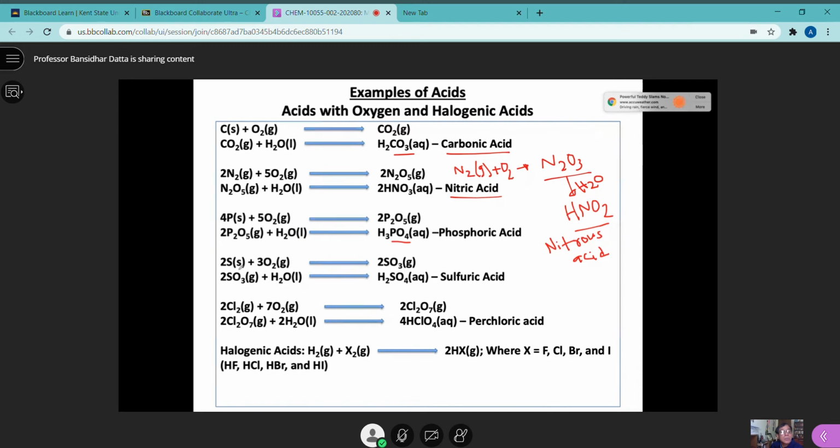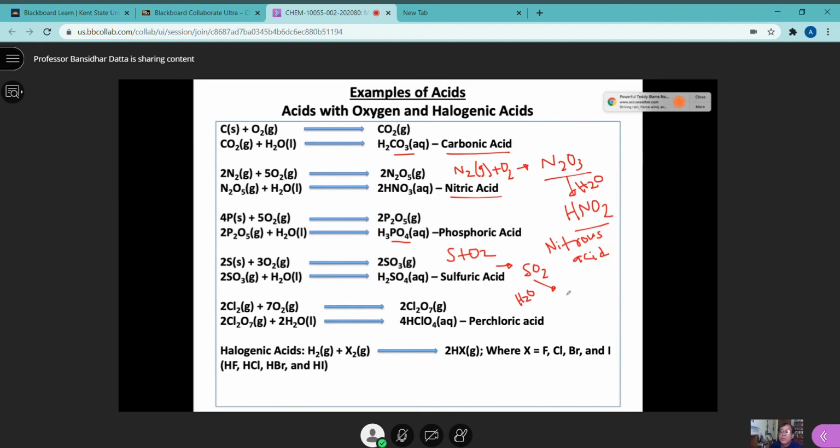Sulfur plus oxygen. Sulfur can make sulfur trioxide, SO3, and SO3 dissolves in water to make H2SO4, sulfuric acid. Sulfur can also make another compound: S plus O2, very similar to nitrogen, gives SO2, sulfur dioxide. Sulfur dioxide is a gas.